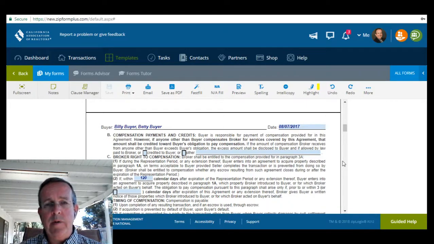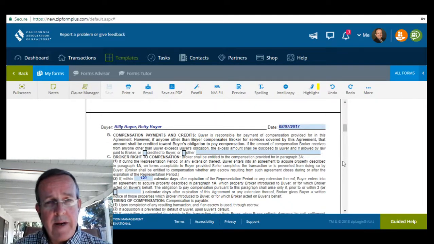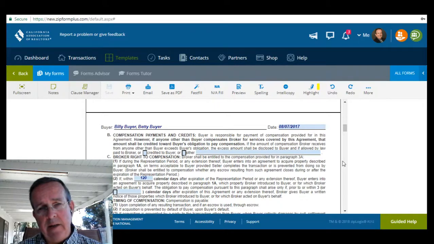They owe you 0.5%. If the amount of compensation broker receives from anyone other than buyer exceeds buyer's obligation, the excess amount shall be disclosed to buyer, and if allowed by law, it is paid to broker, or credited to buyer, or blank. Just leave that alone. You get it.